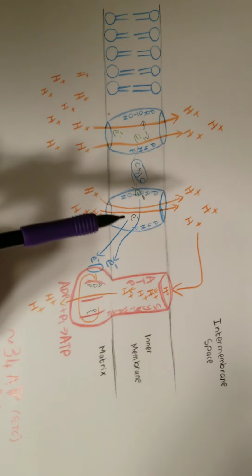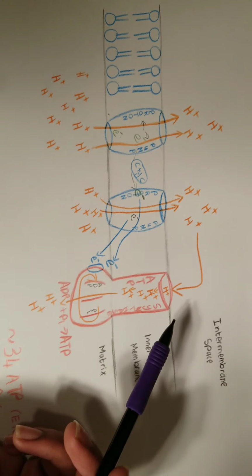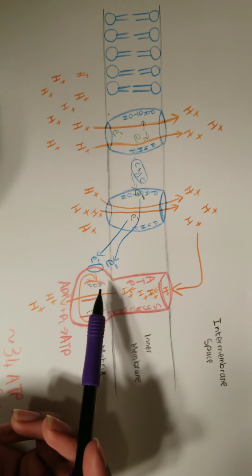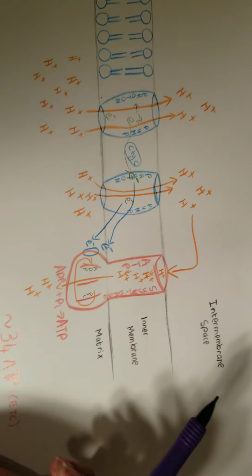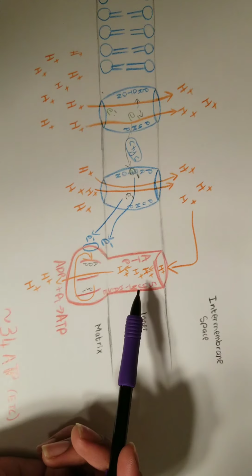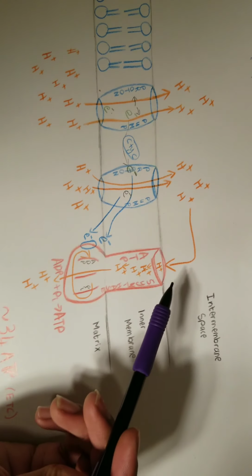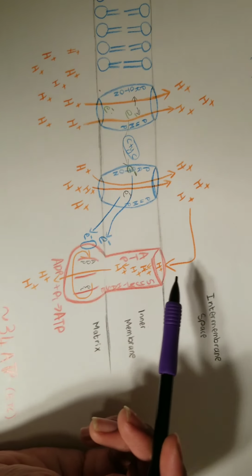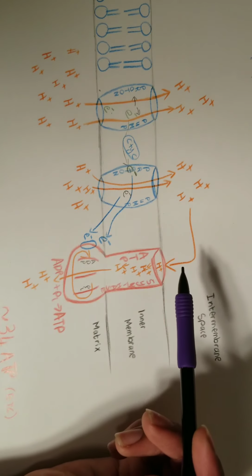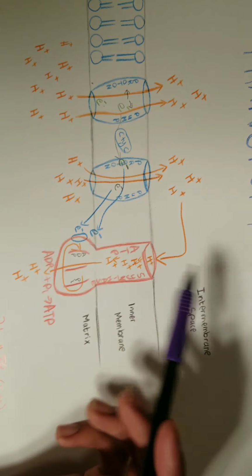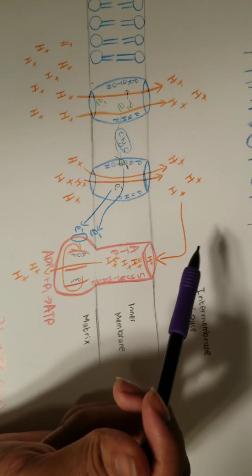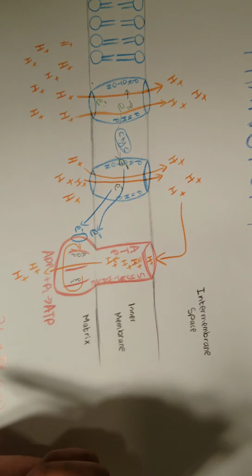But what's going to happen is this ATP synthase right here, the enzyme ATP synthase, that's the really cool part. In the ATP synthase, the hydrogen ions, the protons, can only move in one direction. It cannot go up and down, up and down. It can only go down into the matrix, right?